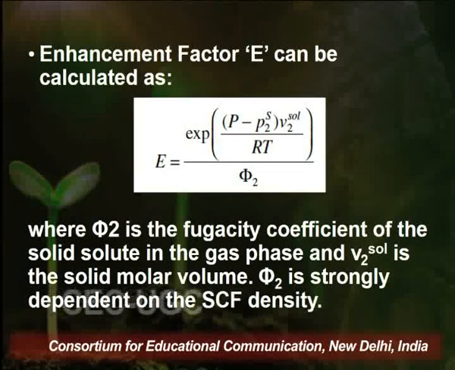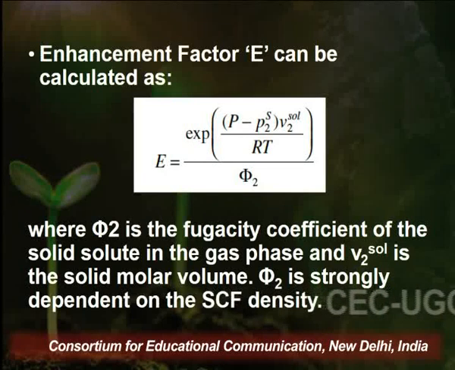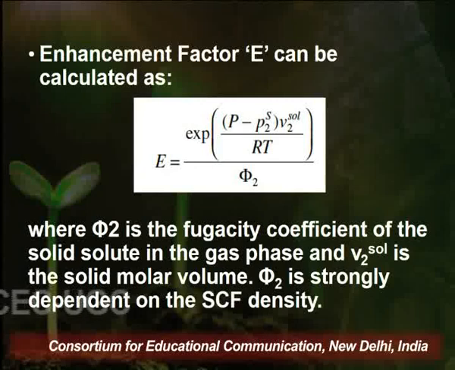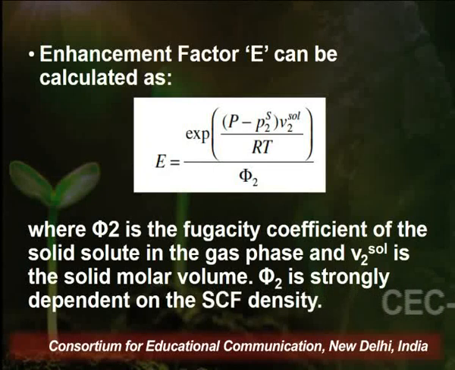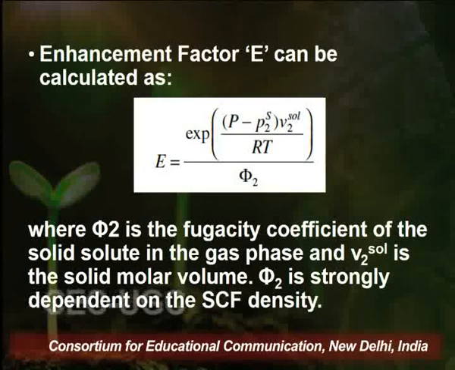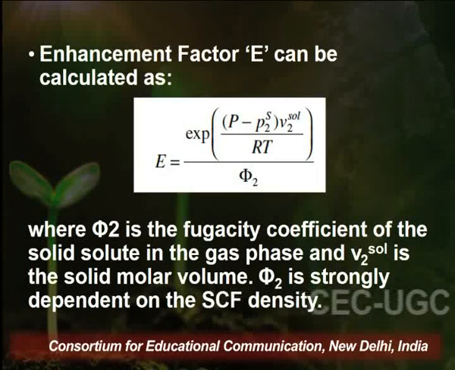Now fugacity is nothing but the change in the chemical potential. So it's not only that we have to expose the substance to supercritical conditions, but we have to maintain the change in chemical potential to a minimal value. And once we maintain that change in chemical potential to a minimal value, the enhancement factor increases, that is, the solubilizing of the solute increases.